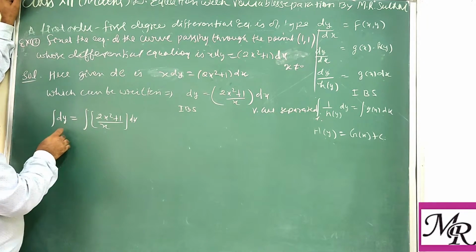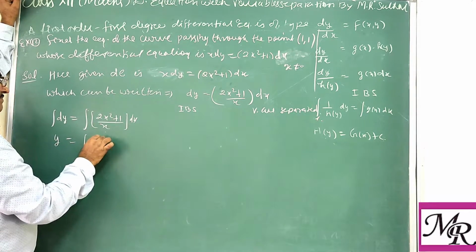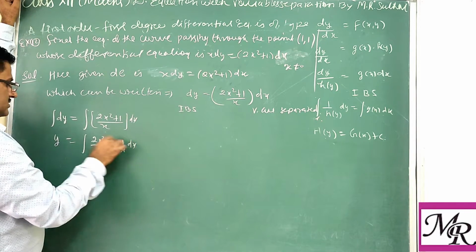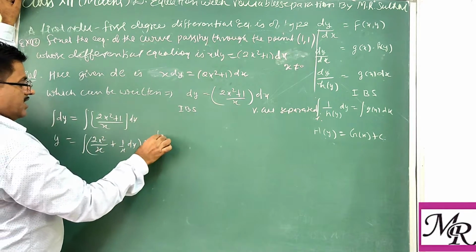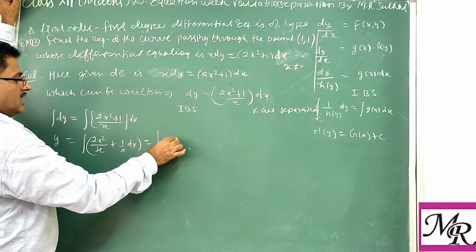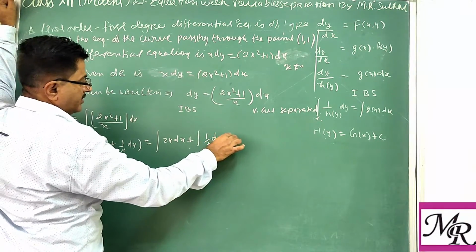So the integration of dy is y. Now you can separate the right side, which may be written as integration of 2x² upon x, so 2x dx, plus integration of 1 upon x dx.